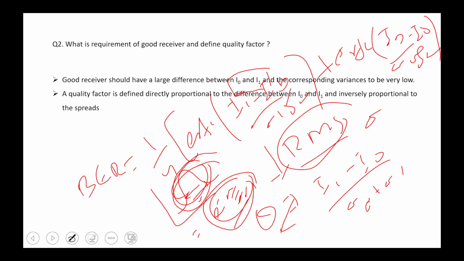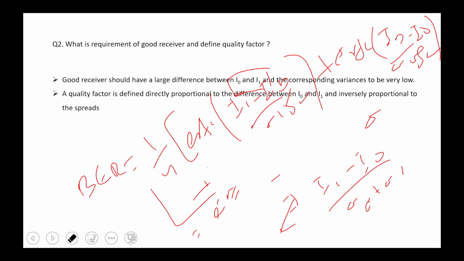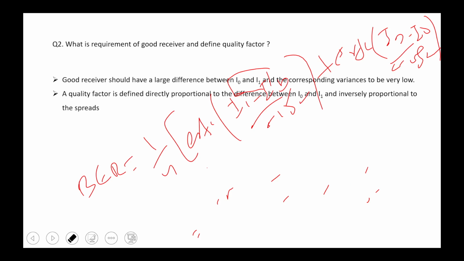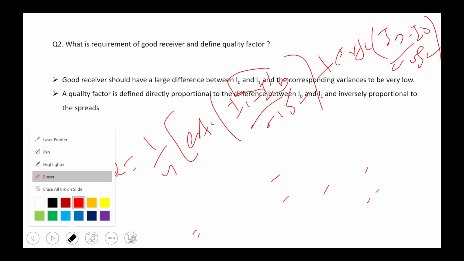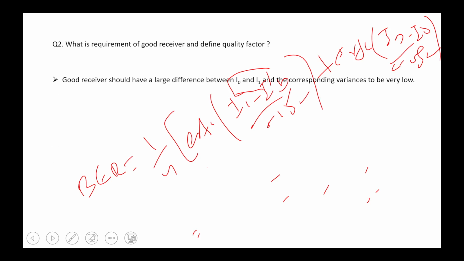So in the case of thermal noise, I already told you that sigma 0 is equivalent to sigma 1.